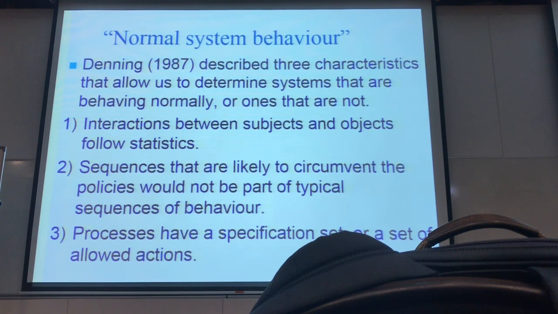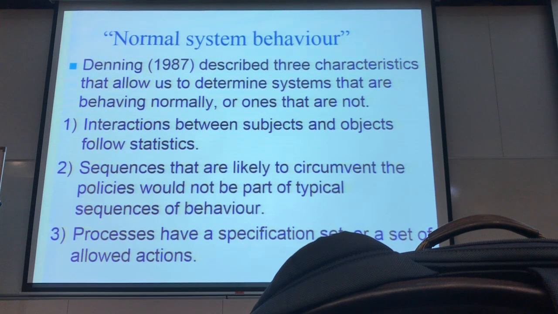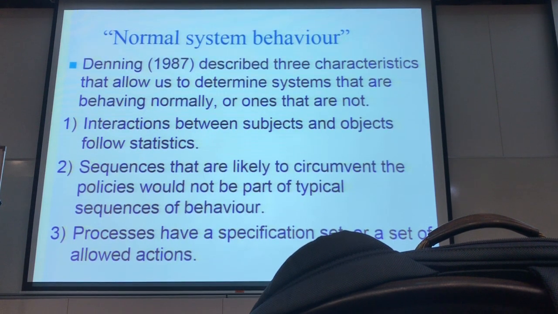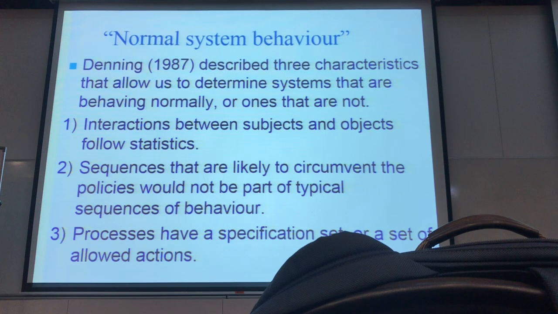But when you run the program and then suddenly the program opens a shell, this is abnormal because it is not within the specification of this program. The program is not expected to open a shell. So in this case, you can also raise the alarm.